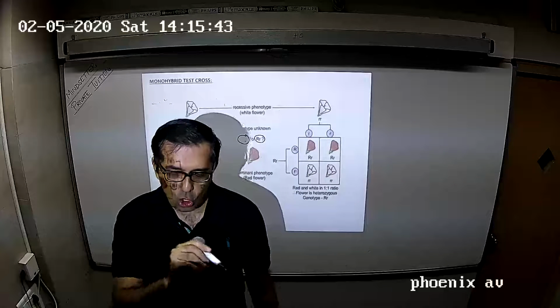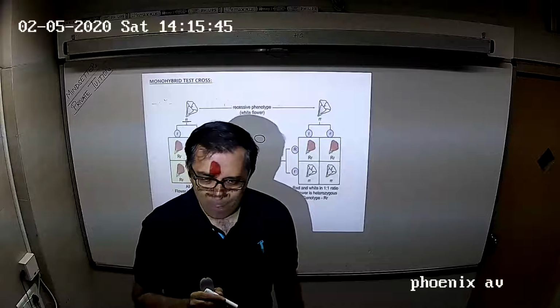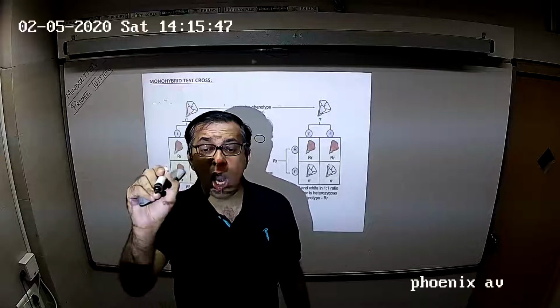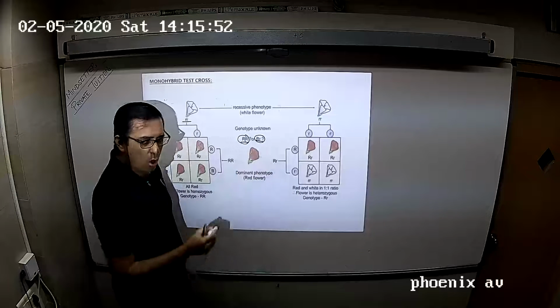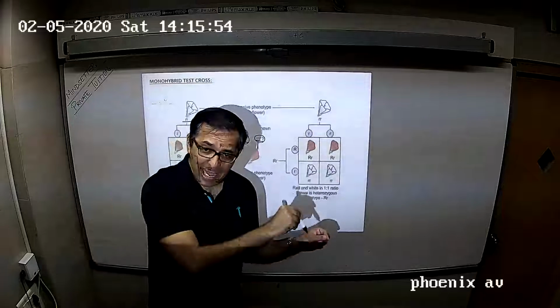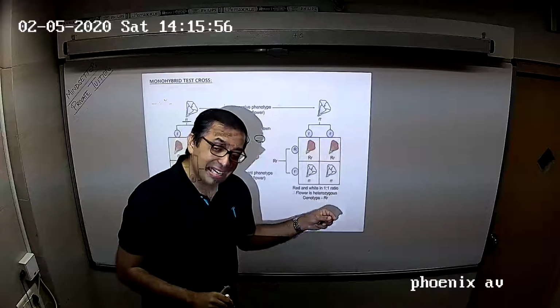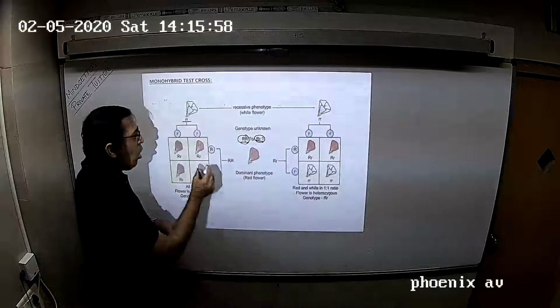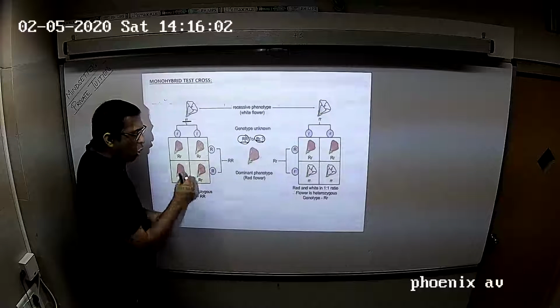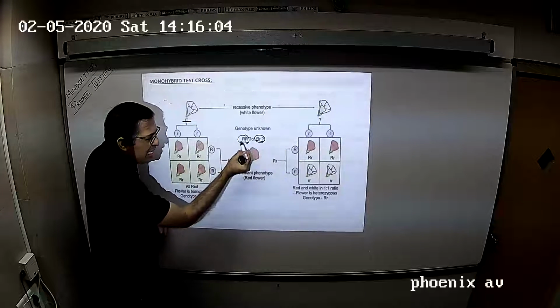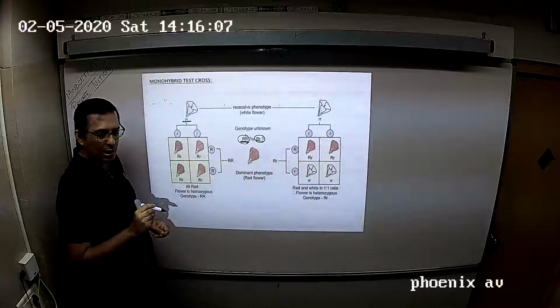So sir, what is this cross called? A test cross or a back cross, in which the unknown genotype, capital R or capital R small r, is back crossed with the recessive parent. On crossing it with the recessive parent, if we get all dominant characters, then it is homozygous.